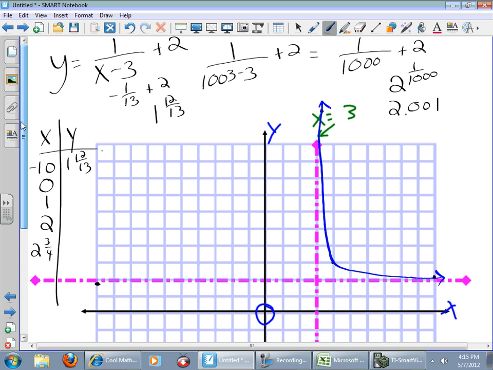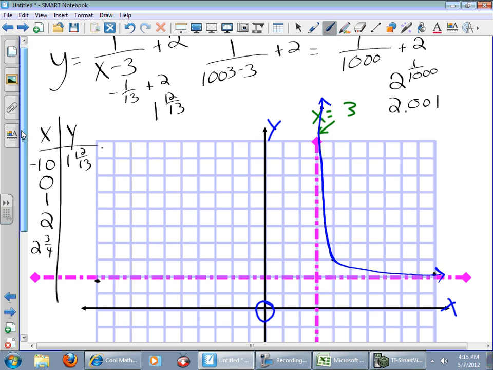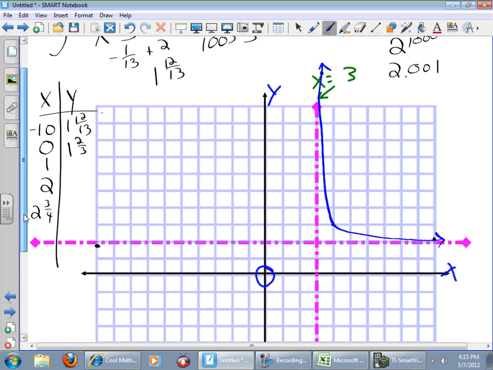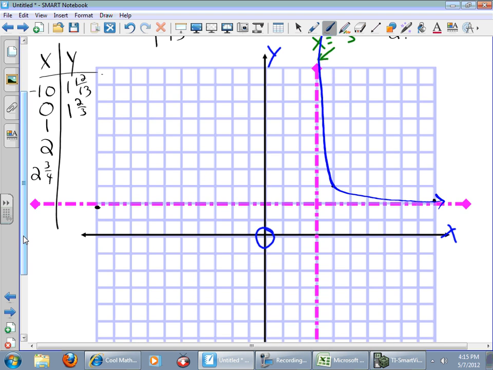Okay, when I put 0 in, I get negative 1/3 plus 2. If I take away a third from 2, I'm left with 1 and 2/3. So at 0, I'm at 1 and 2/3. Maybe it's right about there.